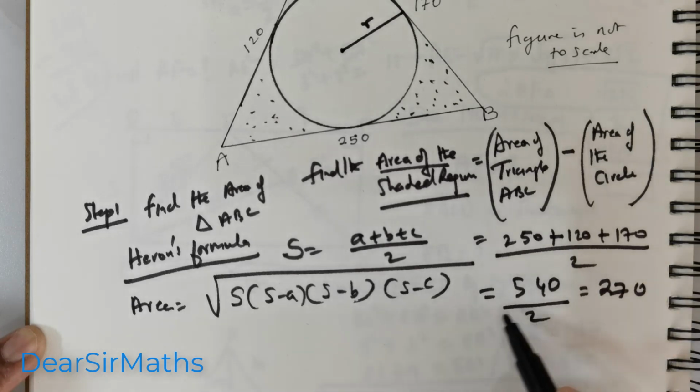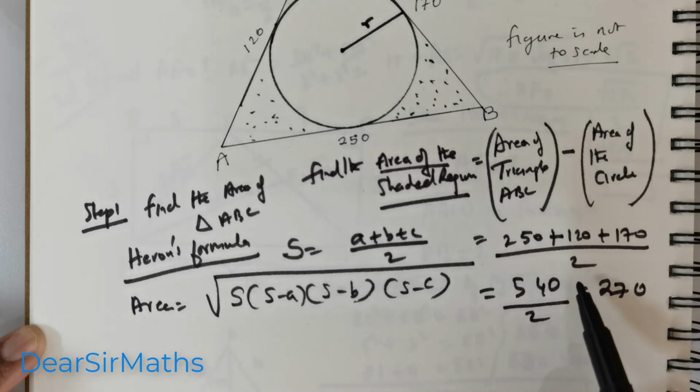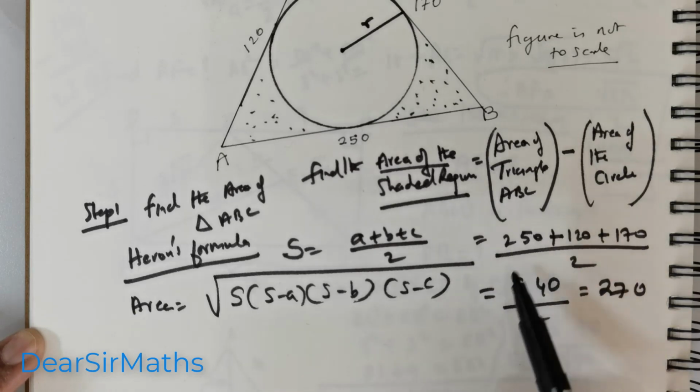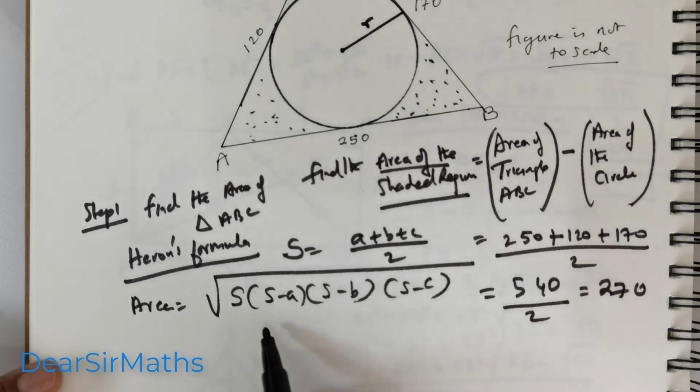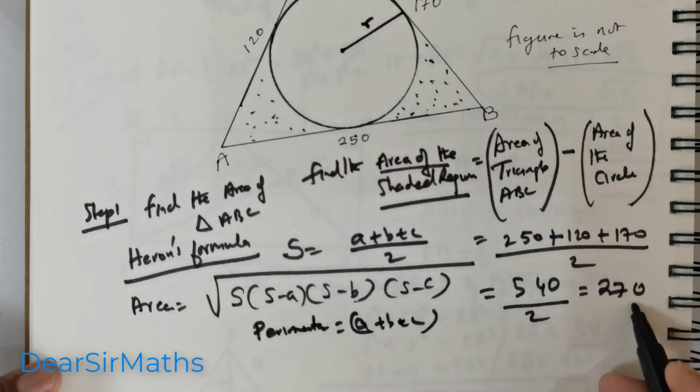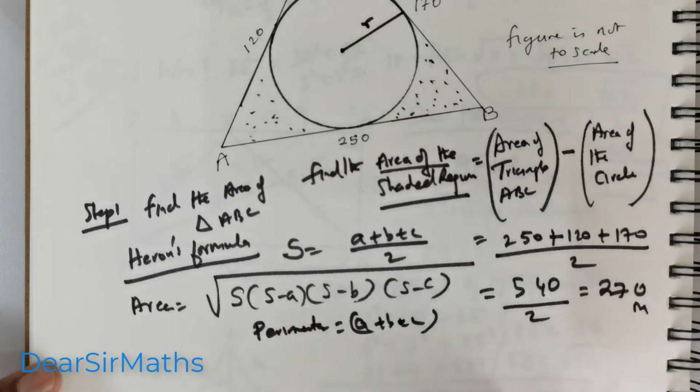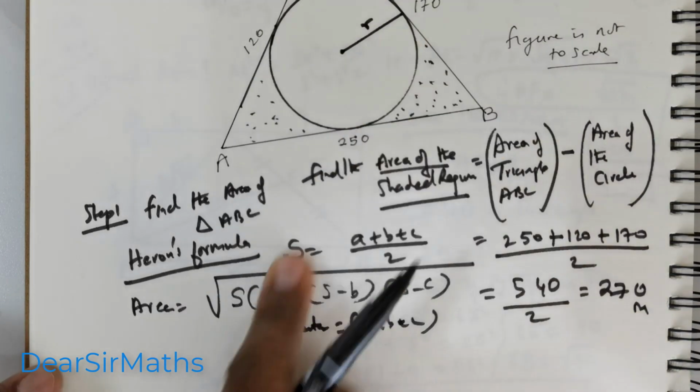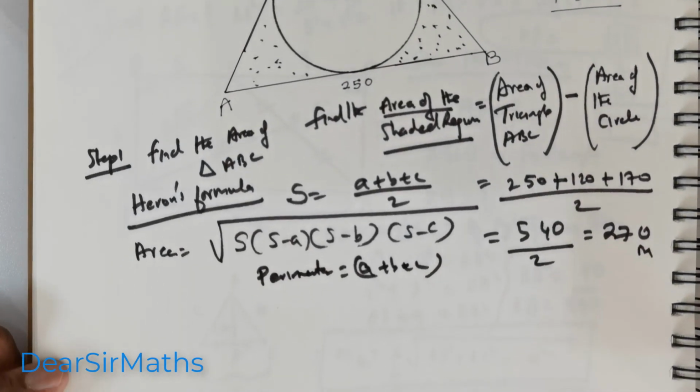So the perimeter, I can't say perimeter, I can say half of the perimeter, because perimeter's formula is A plus B plus C, and S is nothing but half of the perimeter, right? So this is going to be 270 meters if all these things are in meters. So I've got the value of S.